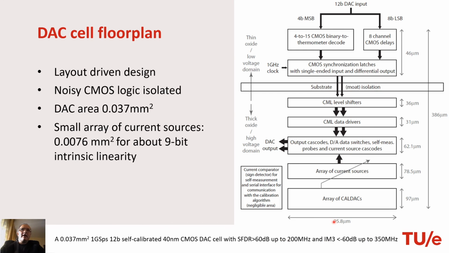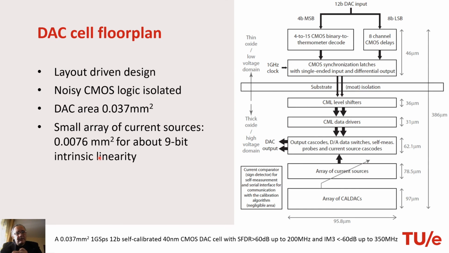Look at the whole DAC area, it's just 0.037 square millimeters, and here the areas of each block are given. Another particular thing that you should pay attention to is the area of the array of current sources. It's only 0.0076 square millimeters, and this is because we use calibration. So the current sources are designed with smaller area, and of course if they are small in area, their mismatches will be large, but we can calibrate their mismatches.